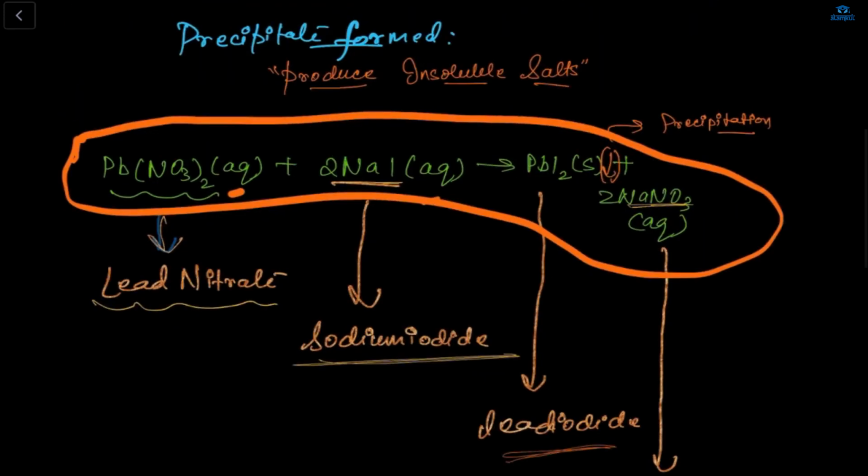Here you can see the precipitation symbol. Your heating symbol was this, your gas liberation symbol was this, and your precipitation symbol is this one. It means your lead iodide is getting precipitated. So this is the meaning of precipitate. This downward arrow is the symbol of a precipitate.